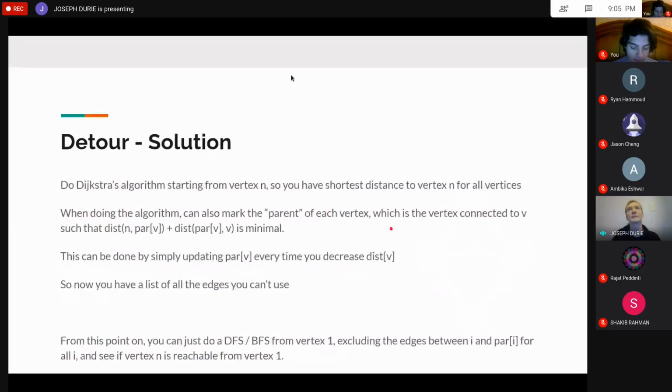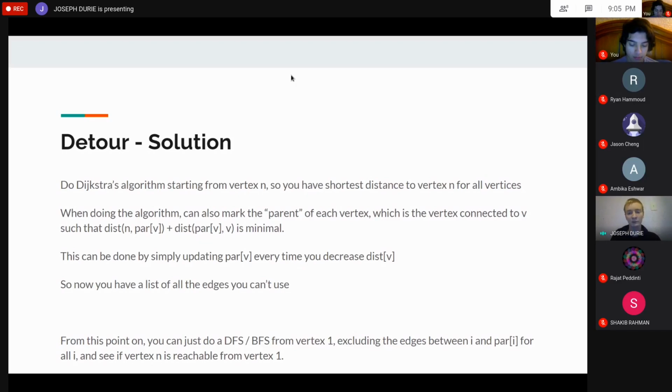The way we can do this is, every time you decrease the distance to V, you update the parent of V to whatever vertex you just connected it to. Every time you decrease distance of V, it's because you're looking at the edge from V to some other vertex U plus the distance from U to n. So when you decrease dist V, you set the parent of V equal to U. After the whole Dijkstra's, the parent of V will hold the best possible parent for V.